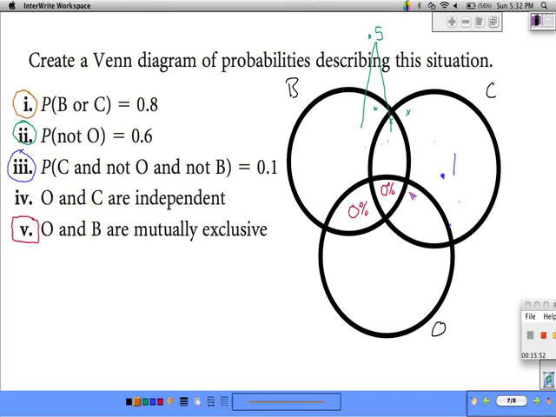So that leaves 0.2 to go in that space. And at this point I can actually fill in what the big part of O is, knowing that everybody is in one of these three activities. So far I've used a total of 0.8 of our probability. If the entire probability has to add to 1, that means this has to be 0.2 also.